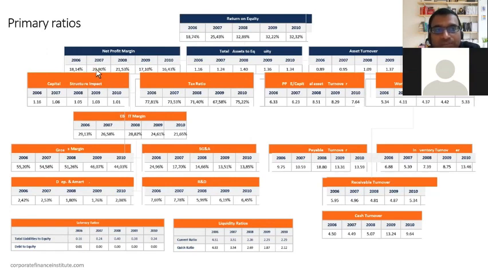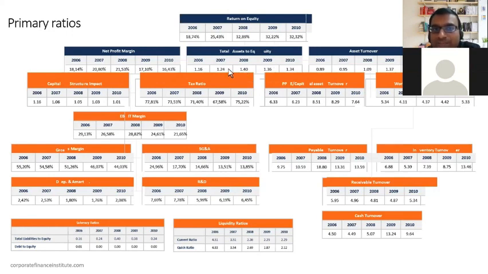But you see, your net profit margin has been a little volatile. So in the first year, in 2007, there might be some contribution because of net profit increase, right? In the second year also there might be some contribution, but in the third year and the fourth year, net profit has gone down, but still your return on equity has increased.